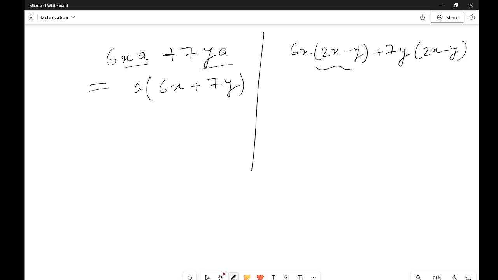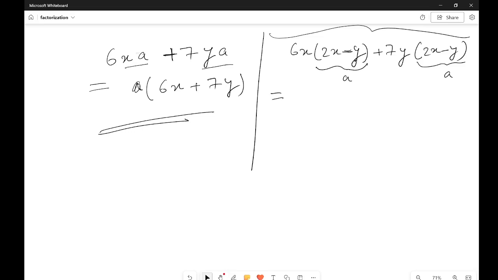Only thing is this is a and this is 2x minus y. Write it properly, this 2x minus y expression, I have replaced with the a, so this left hand expression will become, or if I put value a as 2x minus y, my right hand expression, right?